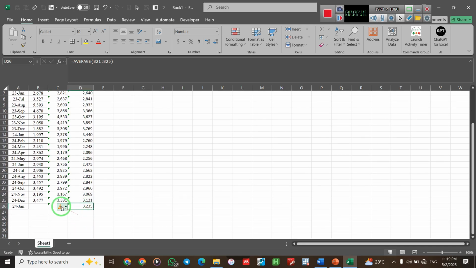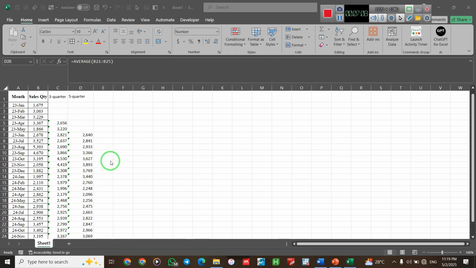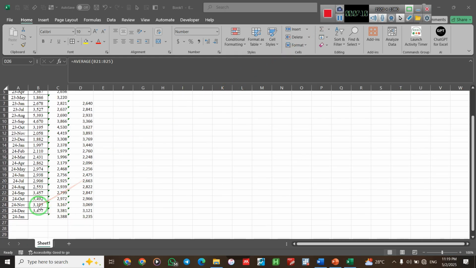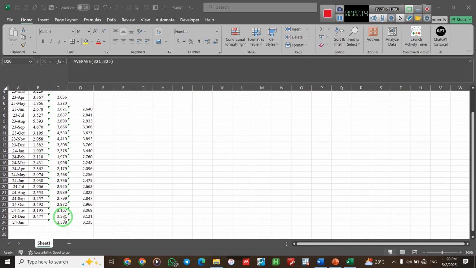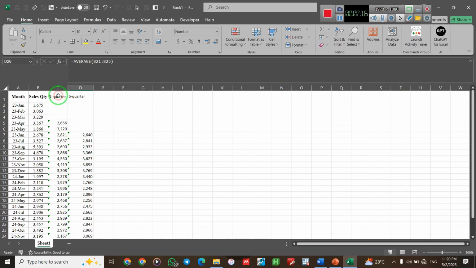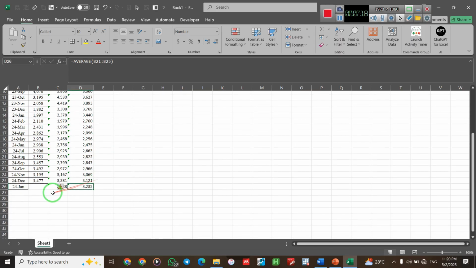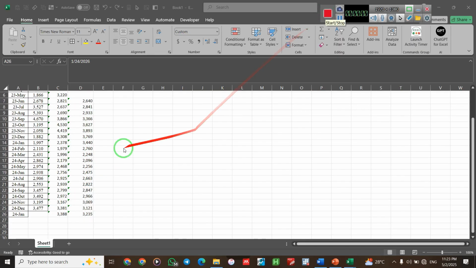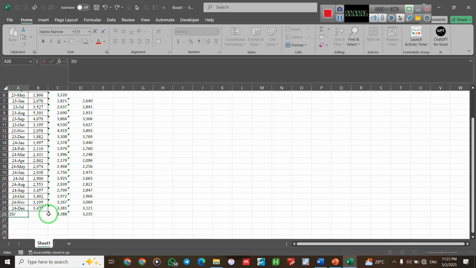I hope everyone can understand what I have done here. So now we have forecast the demand, the sales in January 2025, using the 3 quarter moving average and the 5 quarter moving average, right? I'm sorry students, in here it says 24 January, it should be 25th January, right?